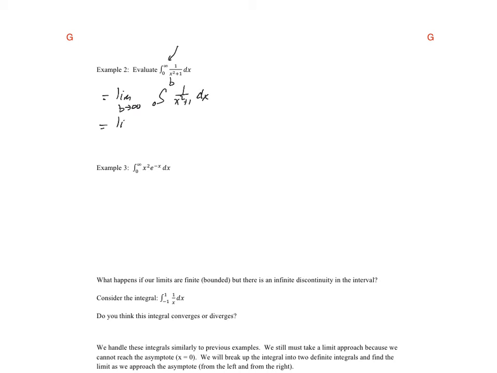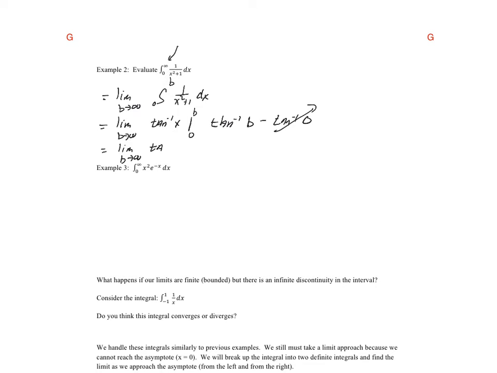So that would be my limit as b approaches infinity of tangent inverse of x evaluated from 0 to b, which would be my tangent inverse of b minus my tangent inverse of 0. And tangent inverse of 0 is 0. So that's not part of the limit. There's no b in there, so we can just evaluate that.